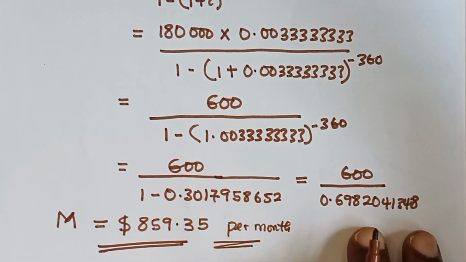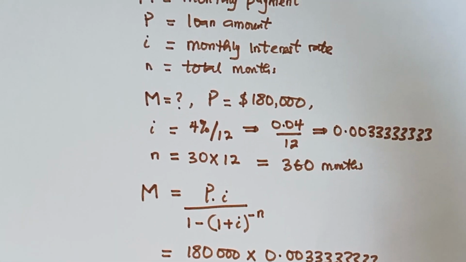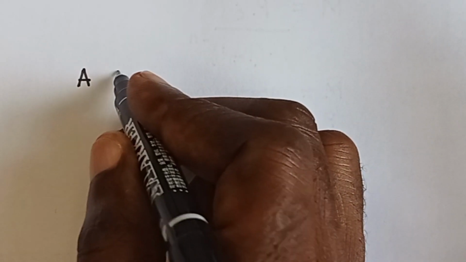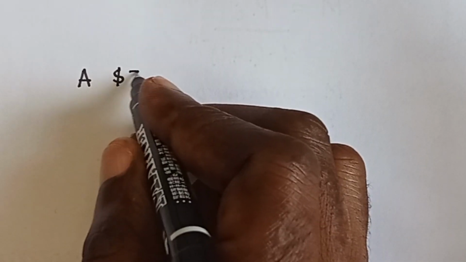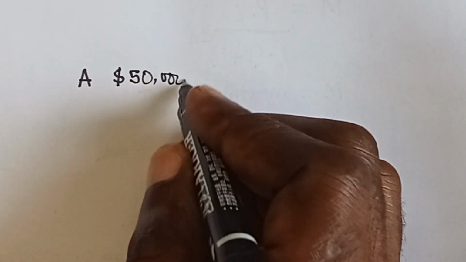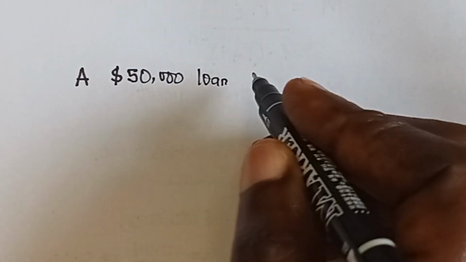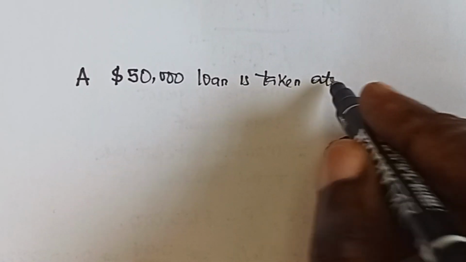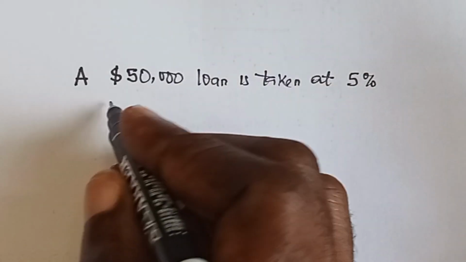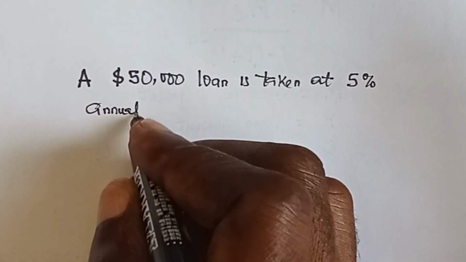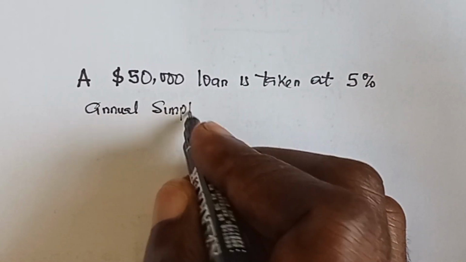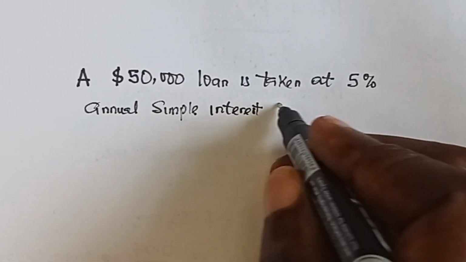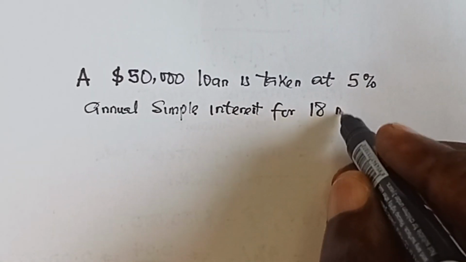Now let's do something similar. Let me write something similar for us to try. A $50,000 loan is taken at 5% annual simple interest for 18 months.